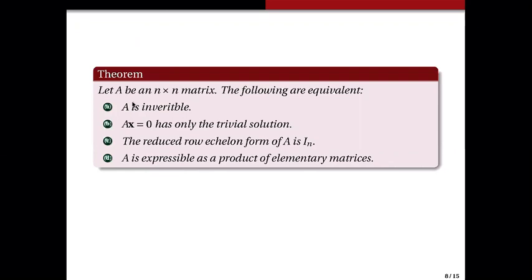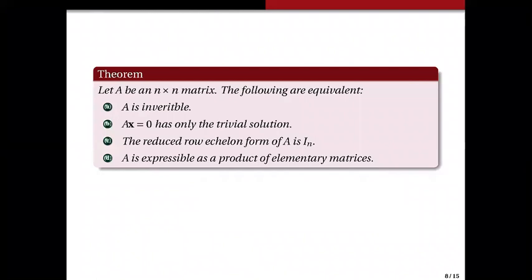So what is this? A is invertible. This equation here, AX equals 0, has only the trivial solution. There's only one solution, and the only solution is the trivial solution. If you get the reduced row echelon form of this matrix A, you should get the identity matrix. So this should answer the question from before.